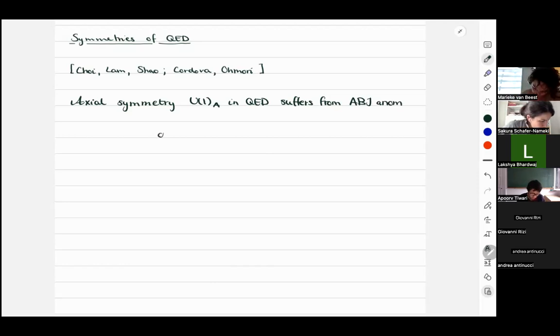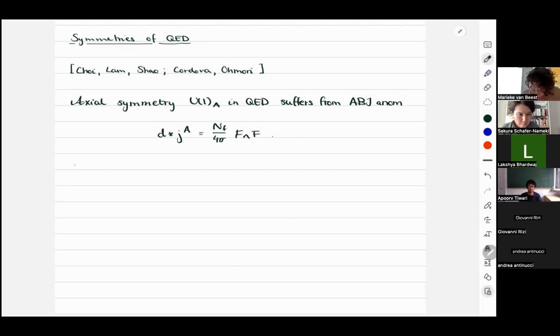So basically we have this. The current J is not quite conserved. Rather, it has the gauge field on the right-hand side. There we go.